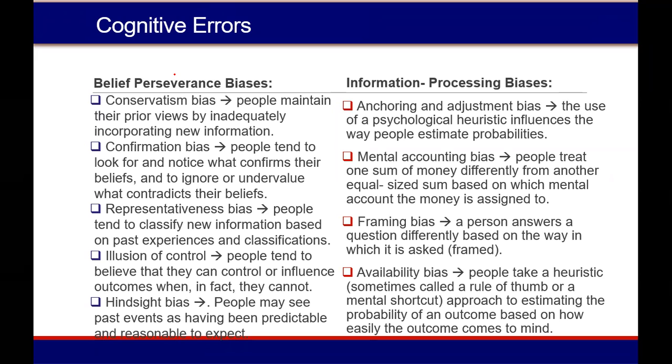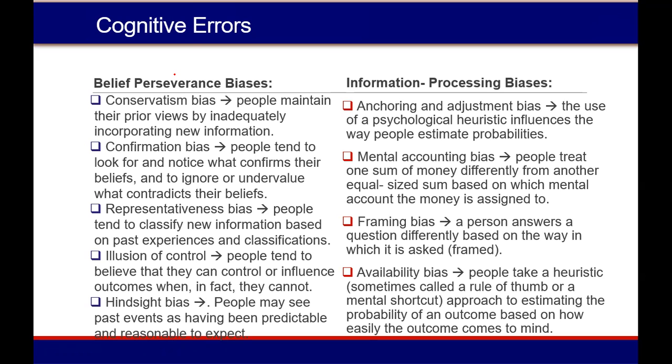Even when we have new, solid information that our belief should change or be modified, we do not like to do this because of these biases. So these biases are known as belief perseverance bias. And the other category is information processing biases.